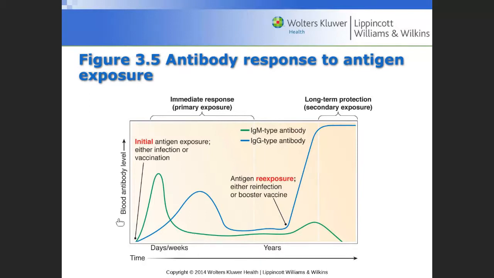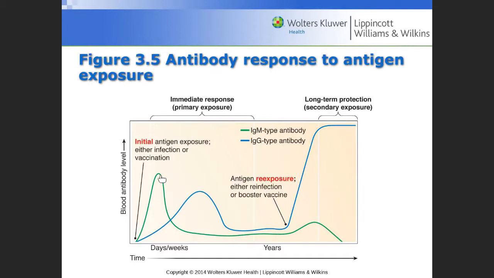Now, if you look at the antibody level in the blood versus time, let's say, for example, your first exposure is right here, time 0. The first antibody that you see is IgM, okay? And this is quick. It could be a week, but IgM does not stay on for that long.